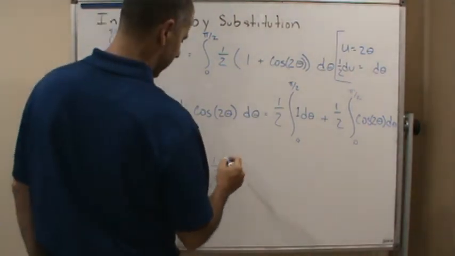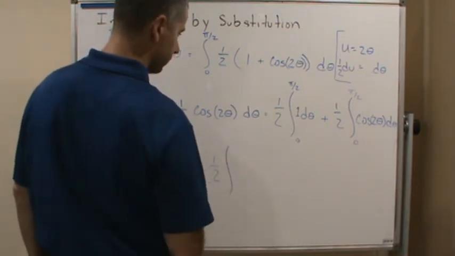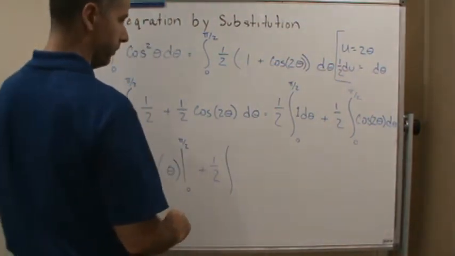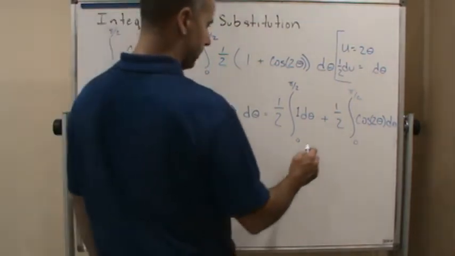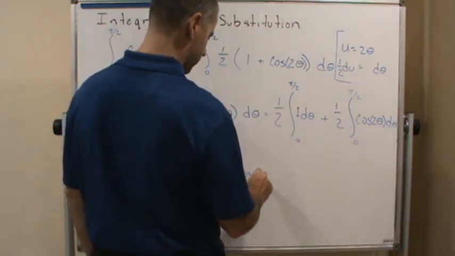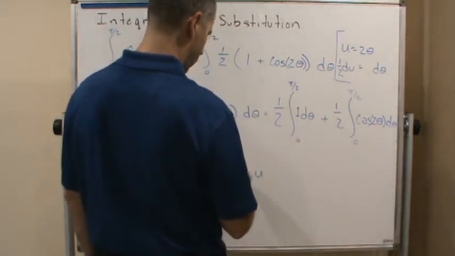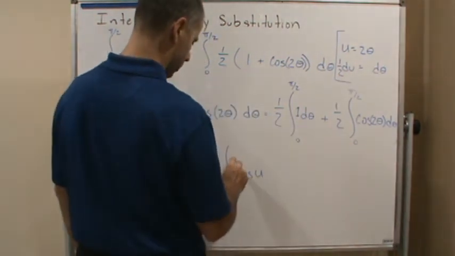So I'm going to rewrite this as cosine u and then 1/2 du.